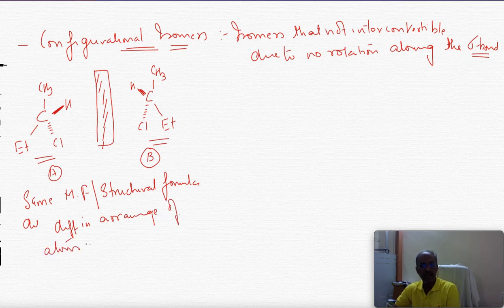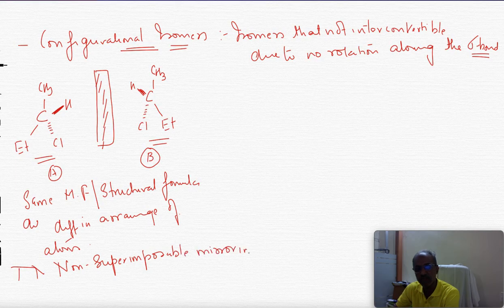And the mirror image is a non-superimposable mirror image. Superimpose means it should sit one upon the other. One upon the other is known as superimposable. Non-superimposable mirror image: although it is a mirror image, it can't match with this compound exactly in terms of bonds. So it is a mismatch.